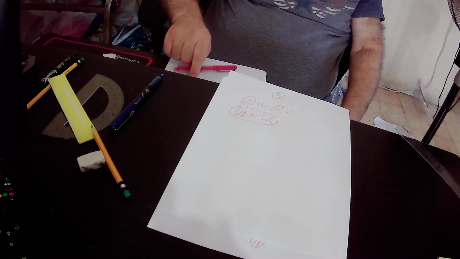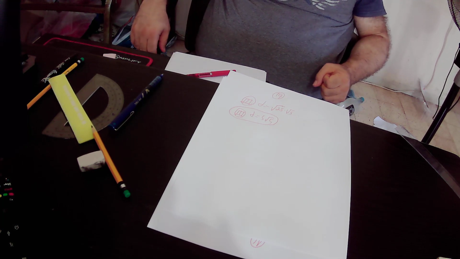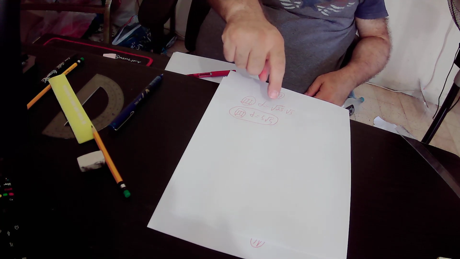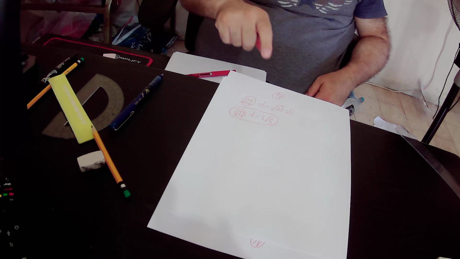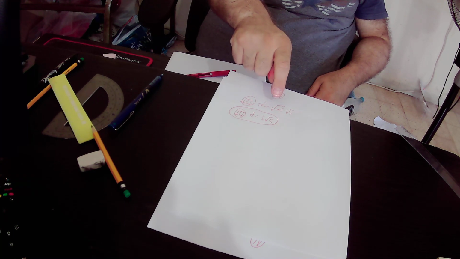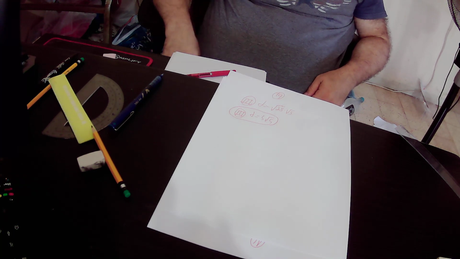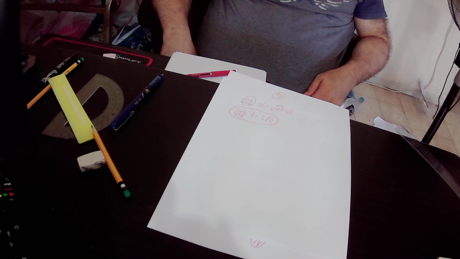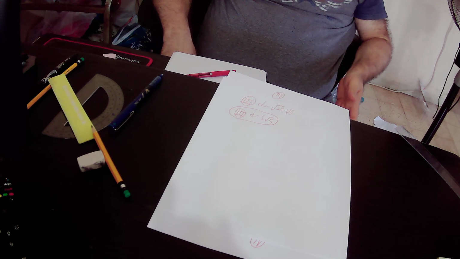Again, root of 25 equals 5, so we got that d equals 5 times root 5. But we know that d is the diameter of the circle, it equals AM, and AM is the diameter of the circle.